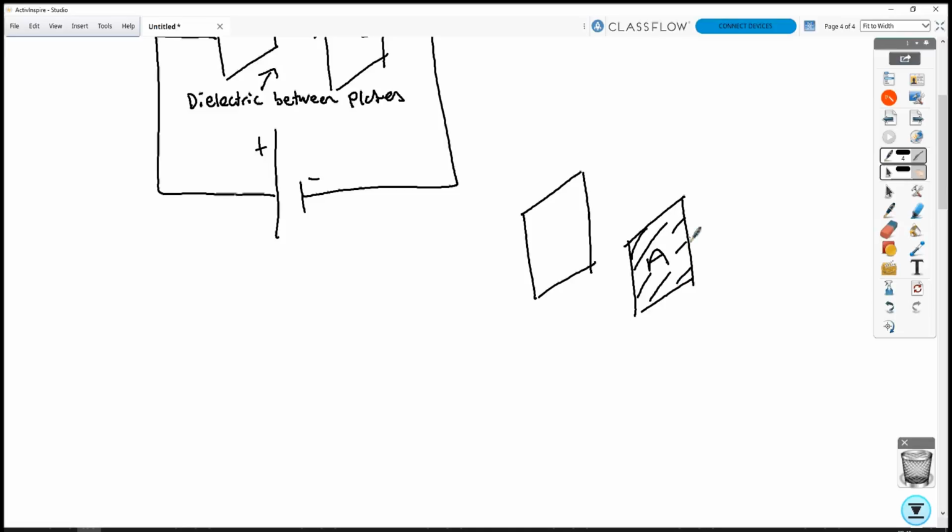And what to take note of is that it's not the area of each capacitor summed up, it's the area that overlaps between these capacitors. So just the area of one plate. And this here is the separation between the plates D.